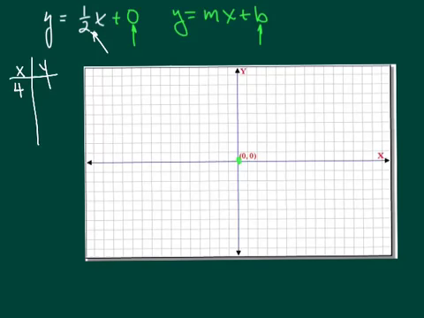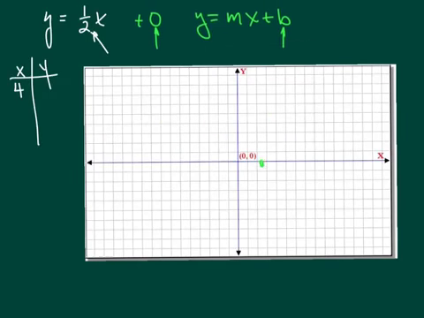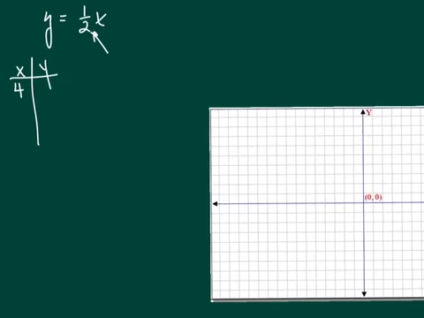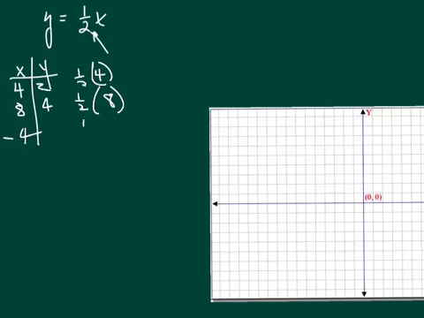So that gives us, in fact, let's move this down. Multiple of 2, so 1/2 of 4 is going to give us 2. Let's put 8 in there. 1/2 of 8 is 4, and let's put negative 4 in there. 1/2 of negative 4 is negative 2.